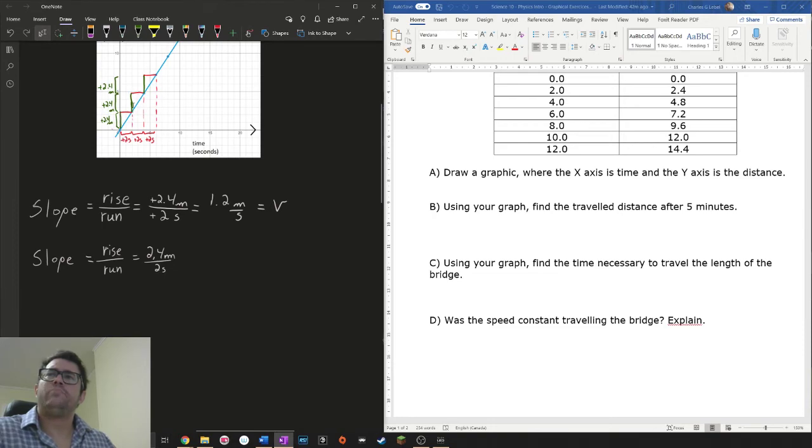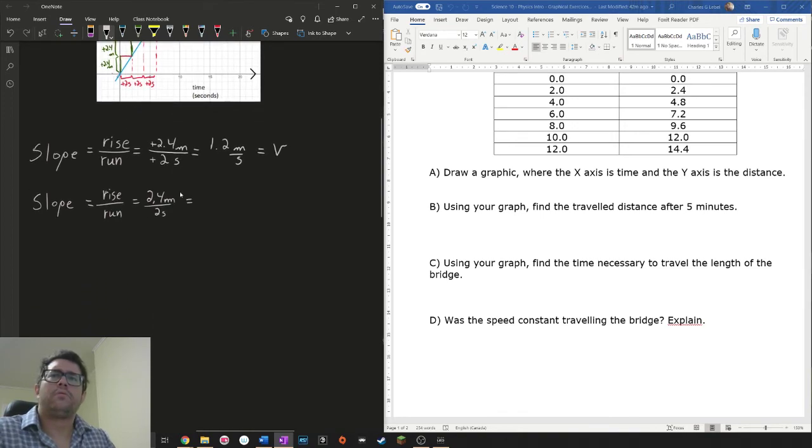During that point to that point, it rose 2.4 and 2 seconds. There was an increase of 2.4 in rise and an increase of 2 seconds in the run. Naturally, it will give us the same answer. It's the same calculation.